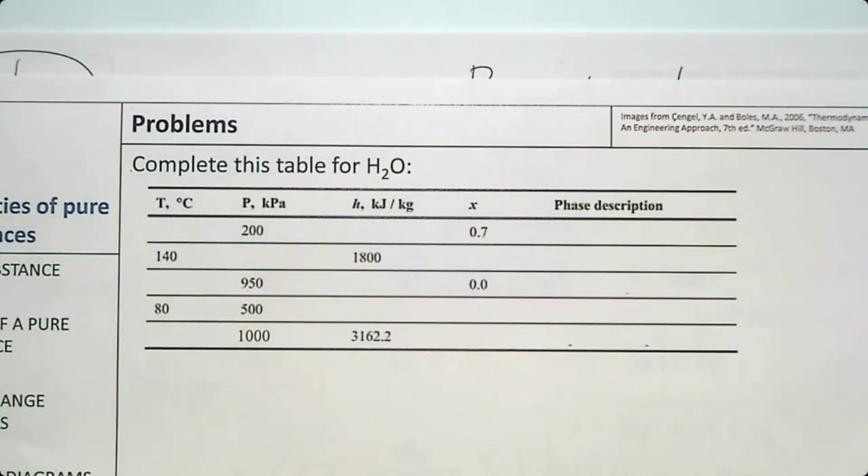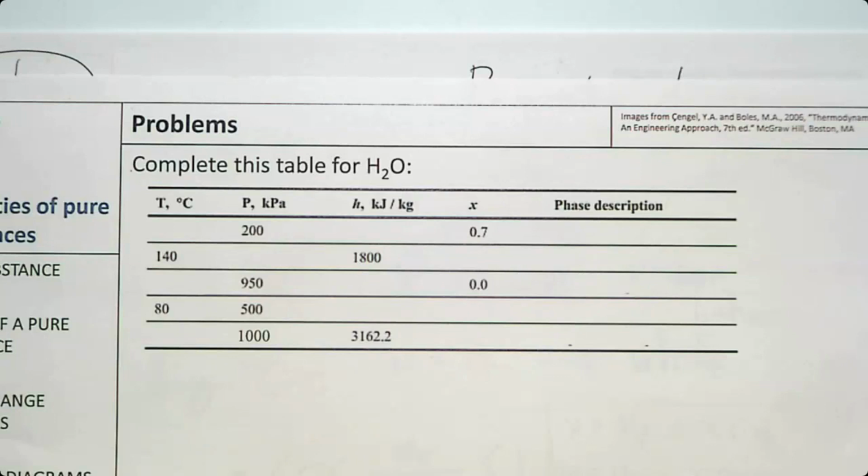So let me explain how you can fill in this table. First, each row represents one independent problem. We have temperature, pressure, specific enthalpy h, quality x, and phase change process.